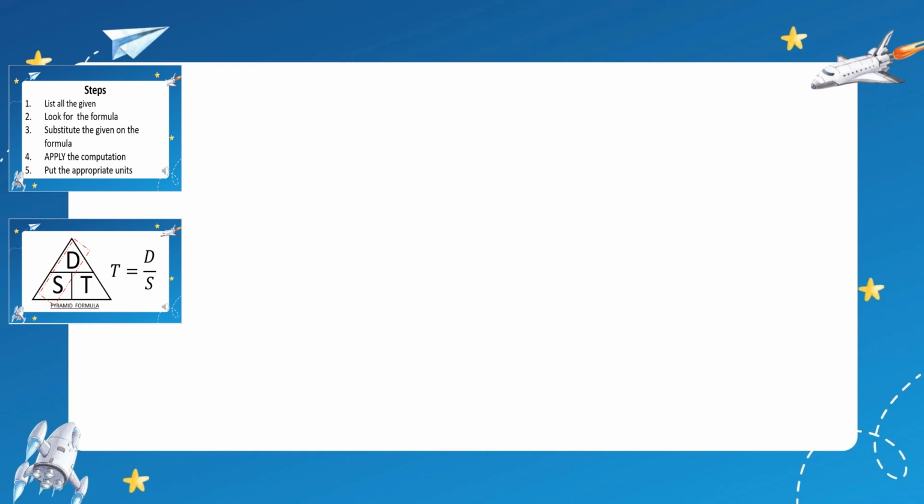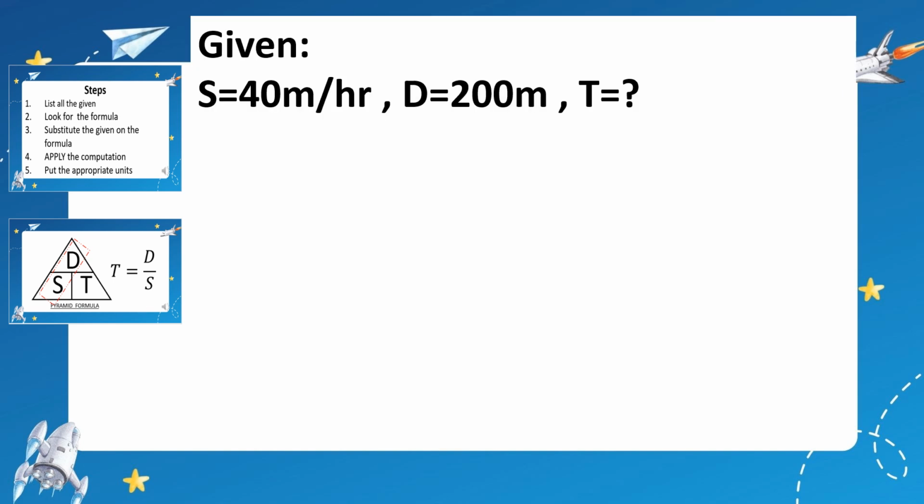Again, I'll put the steps and the formula for us to easily understand and follow. First, list all the givens. In math problem number one, the given speed is 40 meters per hour. How do I determine that it is the speed?